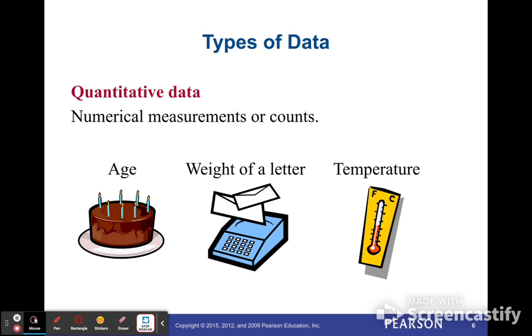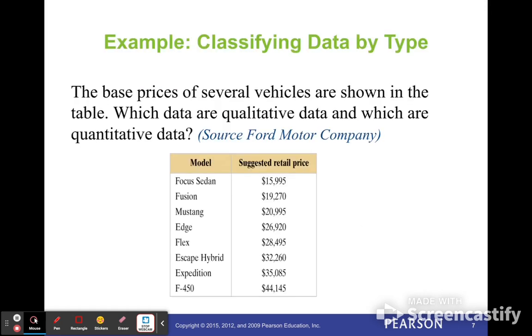Another is the weight of a person. Weight comes back to you as a number. Also temperature. Temperature is also a number, quantitative data, because these are obtained by measurements or counts. Is that clear?